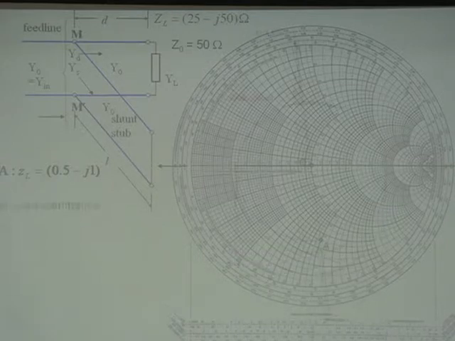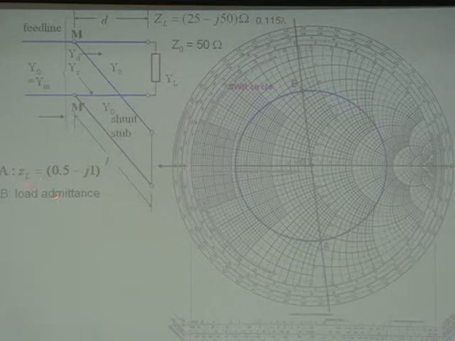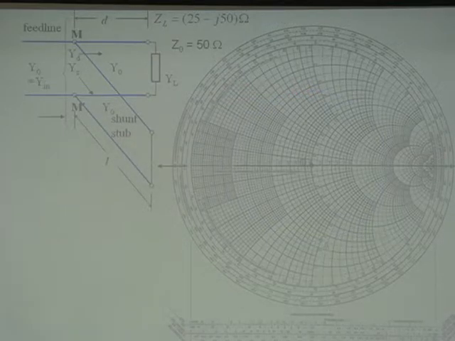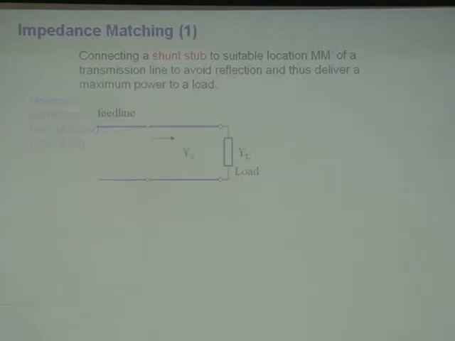Then you want to find the load admittance. Just flip this point 180 degrees to this point. So you can read the load admittance at this location, the normalized YL at this point. And then let's go back to the first step.